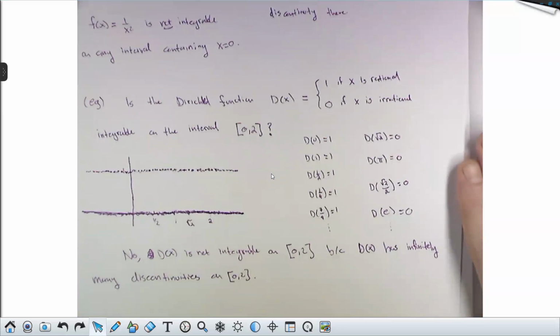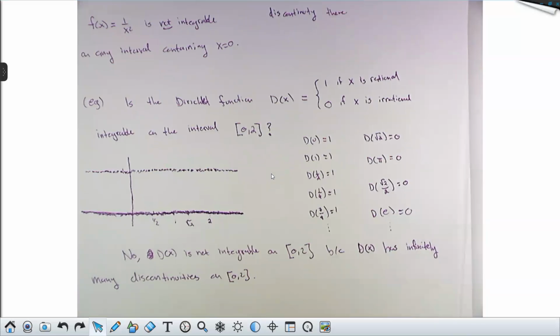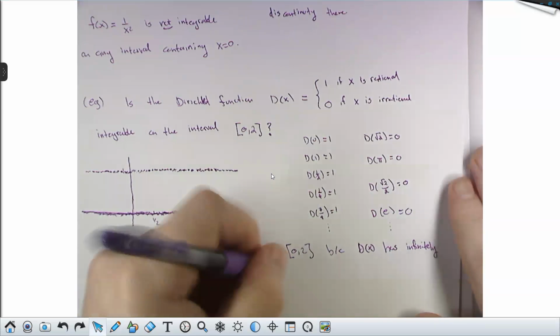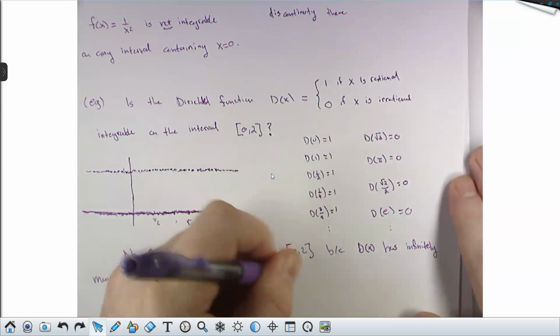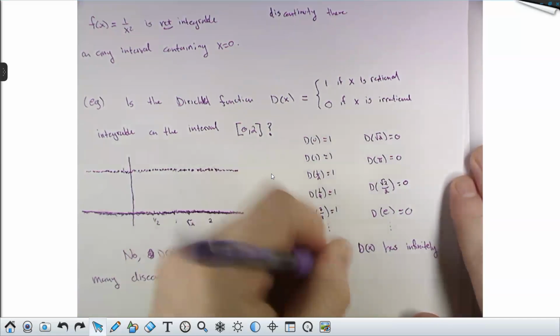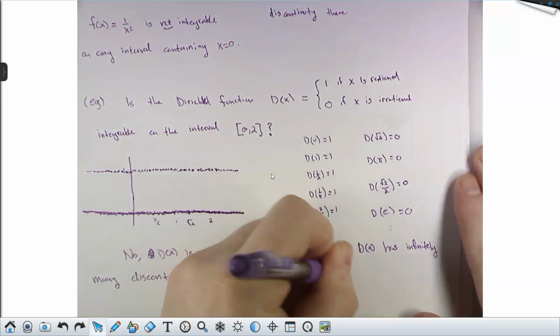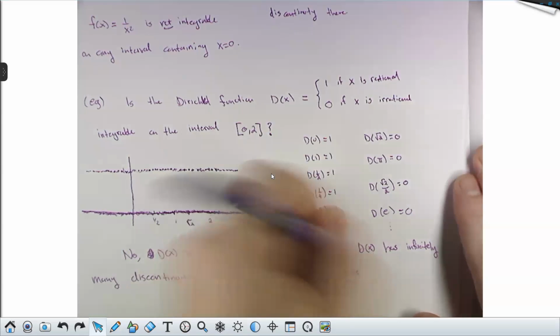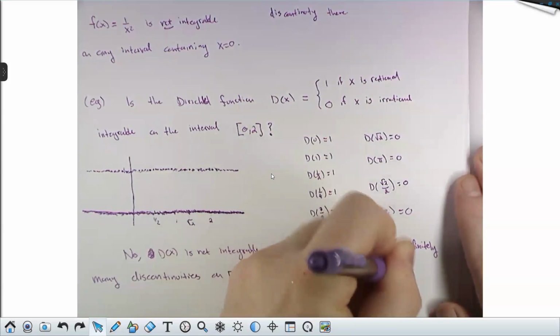In fact, we said exactly where this function is continuous and exactly where it is discontinuous. It's discontinuous everywhere. D of x is discontinuous, meaning not continuous, at all real numbers.